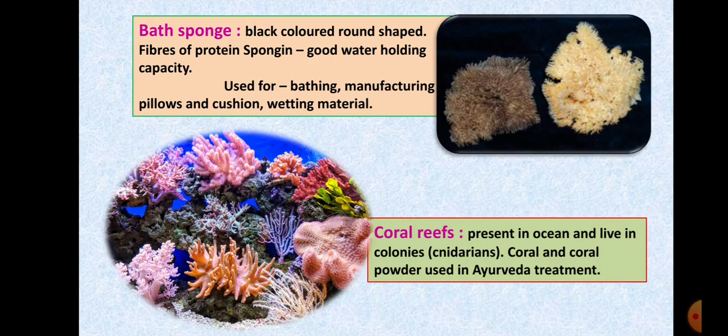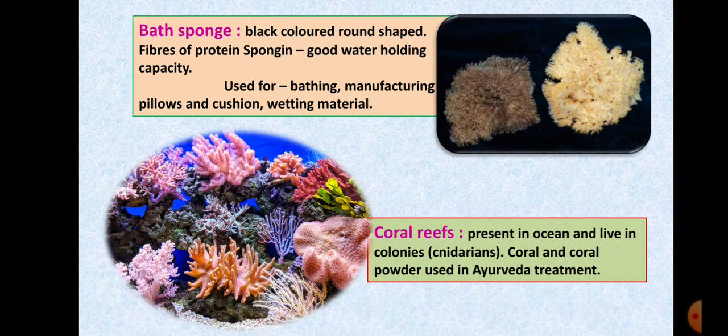Second information is about the coral reef. You might have seen coral reefs on Discovery channels when they show you about the oceans, the deep ocean beds. You don't find them near the seashore, obviously. These are very bright in color.